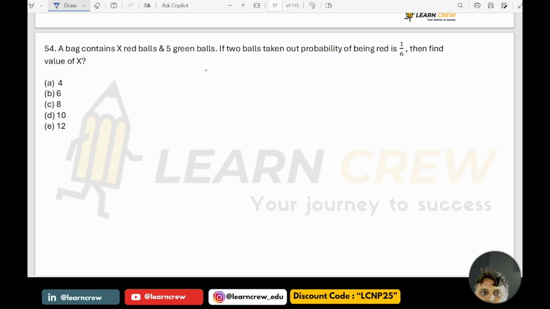So here, if you see, it is nothing but a total of x plus 5 balls. It is xC2 divided by (x plus 5)C2 is the probability, which is given as 1 by 6. xC2 means x into x minus 1 by 2, and (x plus 5)C2 means n into n minus 1 by 2 again here.